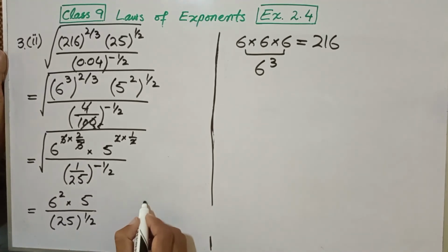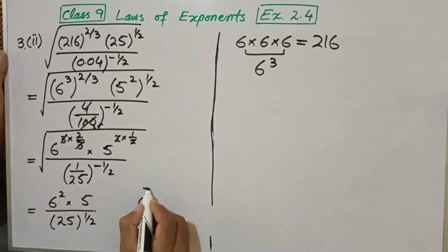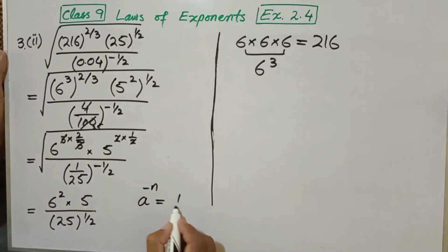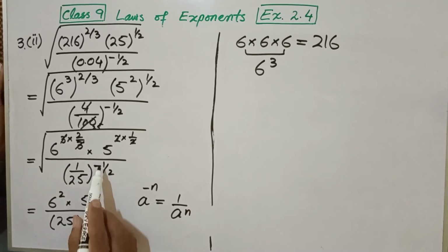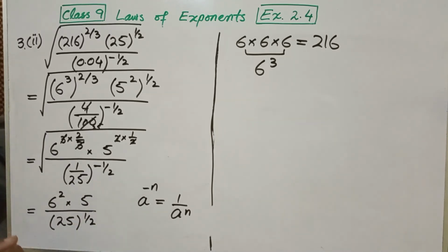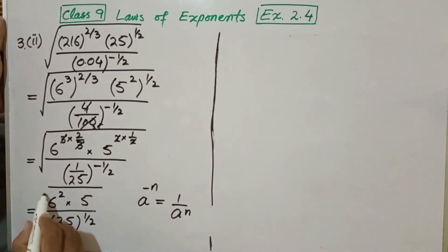Using the property a power minus n is equal to 1 over a power n. So taking the reciprocal of 1 over 25 is 25 by 1, and the power becomes positive, and the whole square root.